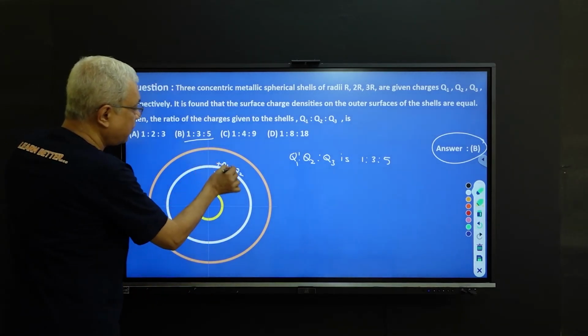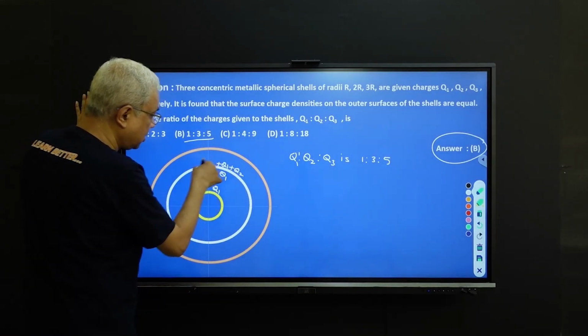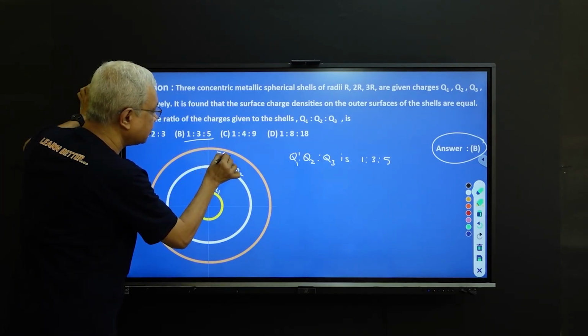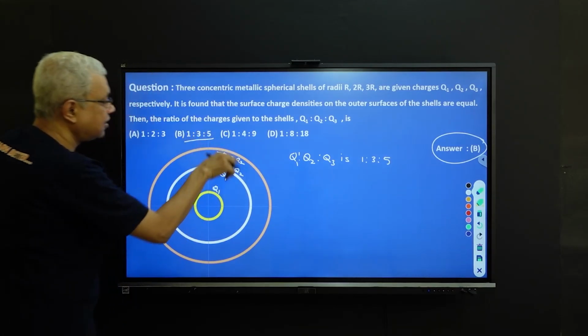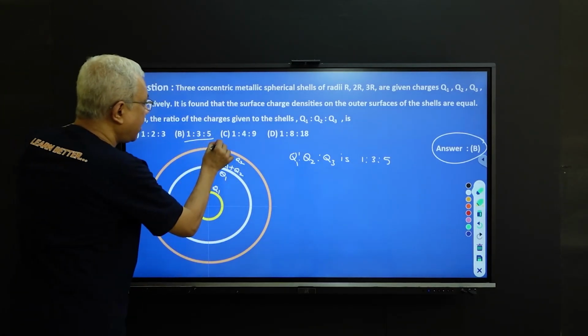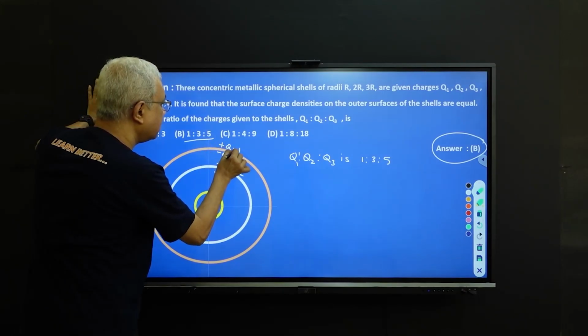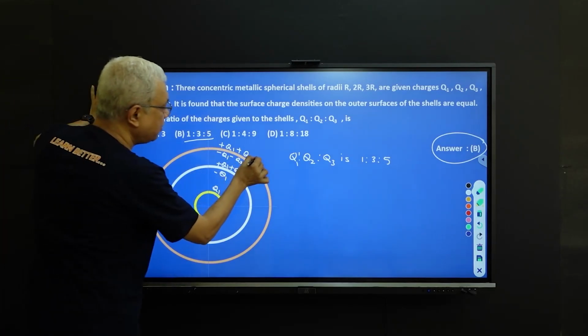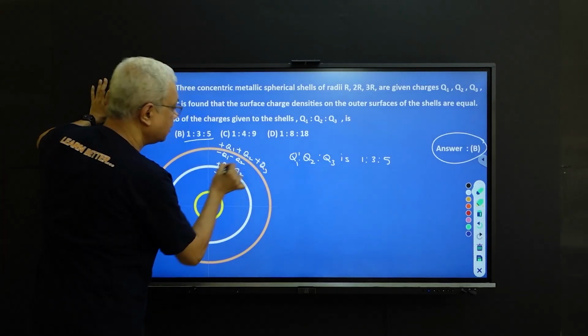And this Q1 plus Q2 on the outer surface of the middle spherical cell induces minus Q1 minus Q2 charge on the inner surface of the outer spherical shell, and plus Q1 plus Q2 on the outer part. And we have given charge Q3 over there.